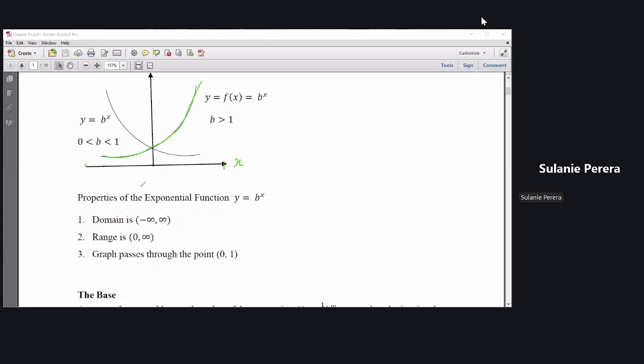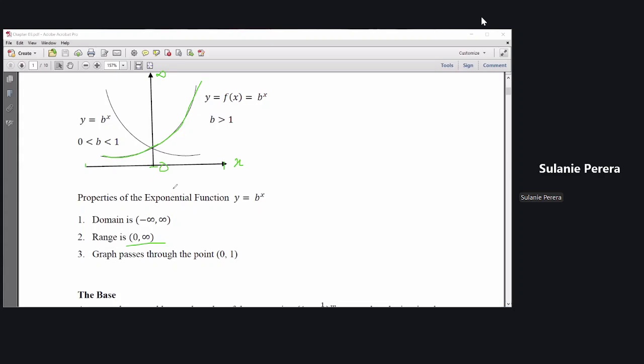It is not defined for negative values of y. The graph does not go below the x-axis, which means the range is from 0 to infinity.